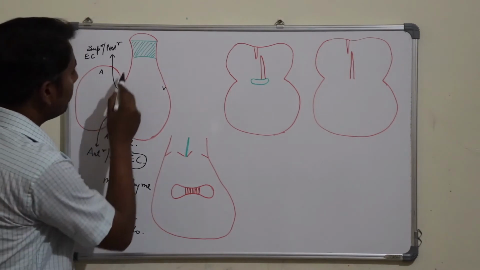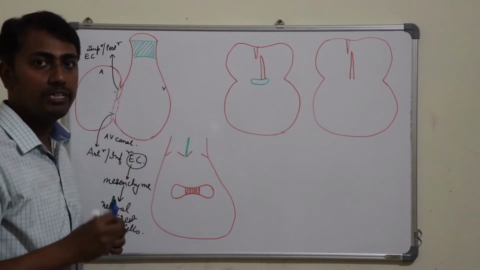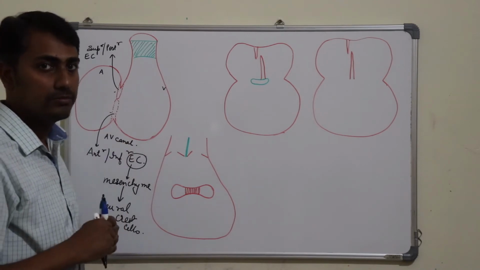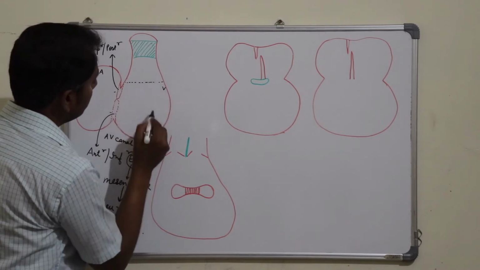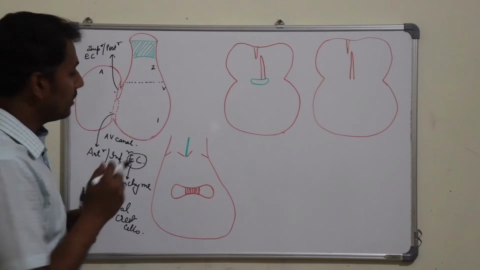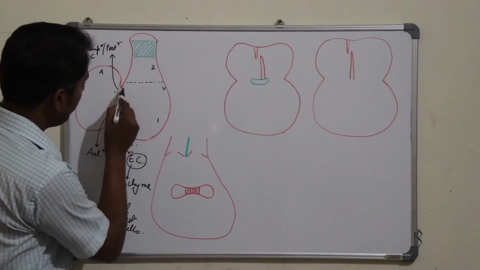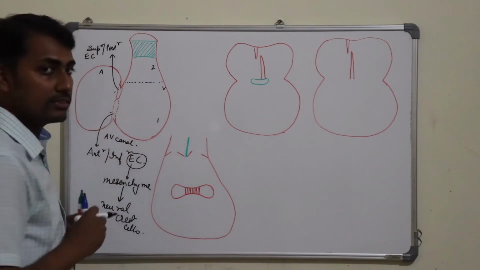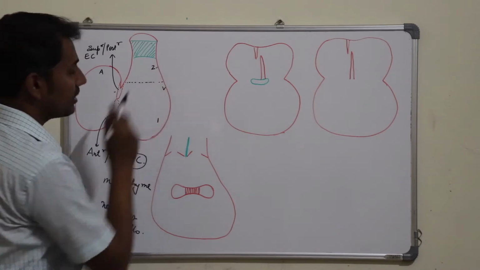Now this common ventricular chamber can be divided into two parts depending upon the different parts of the heart tube. So if we draw a line here, this is the first part and this is the second part. The first part is lying just anterior to the atrioventricular canal, and the second part is lying above this first part.